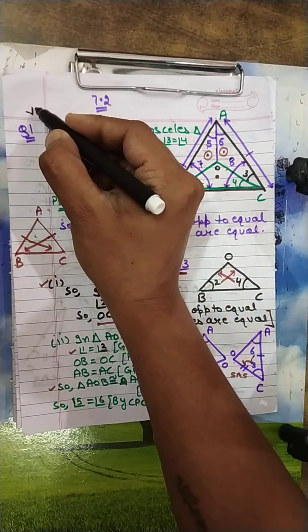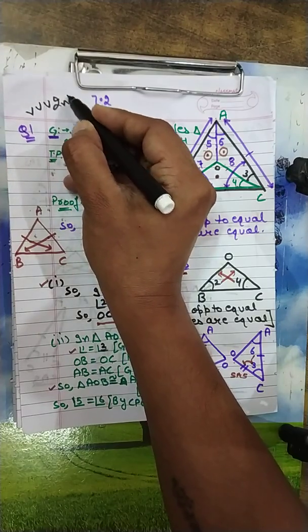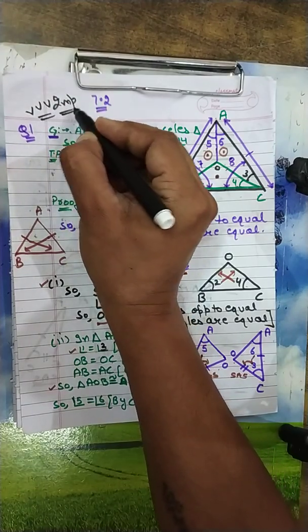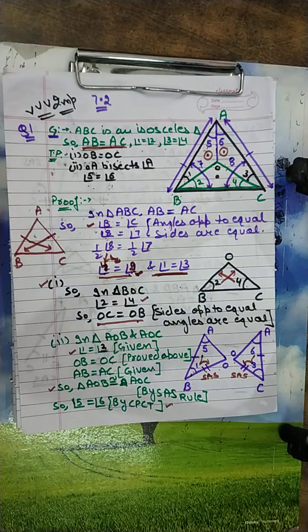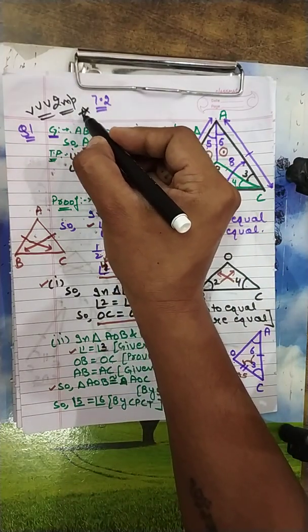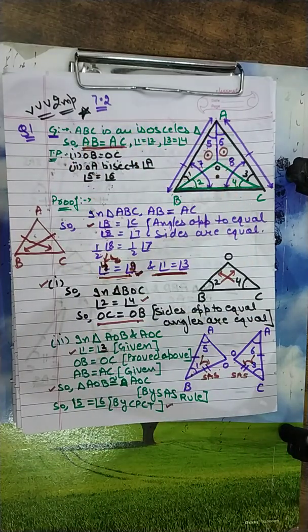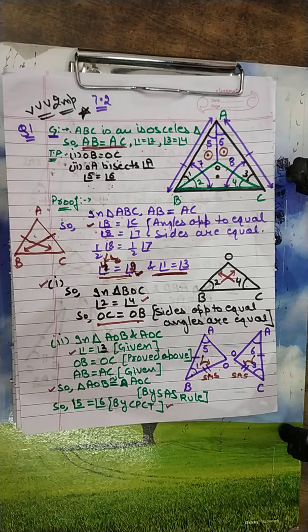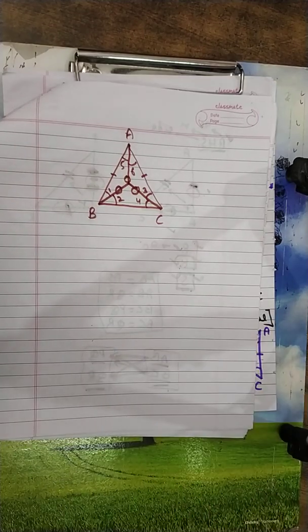From this exercise, I think now I don't have to tell anything after a star. Now the diagram of this question is not given. How to make the diagram of this question? Read the question.